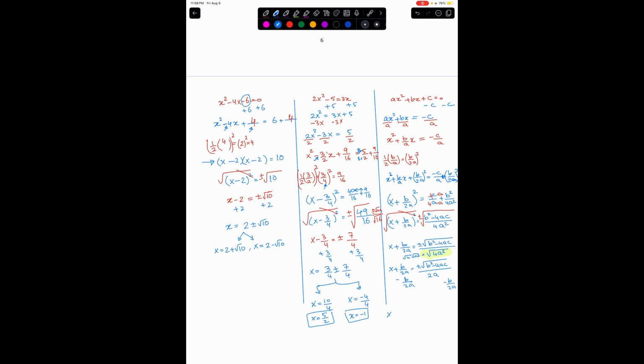We end up with x equals, let me do it in a different color, negative b over 2a plus or minus square root of b squared minus 4ac over 2a. Since these are the same, I can combine them in one numerator. So I will have x equals negative b plus or minus square root of b squared minus 4ac over 2a, which is the quadratic formula.